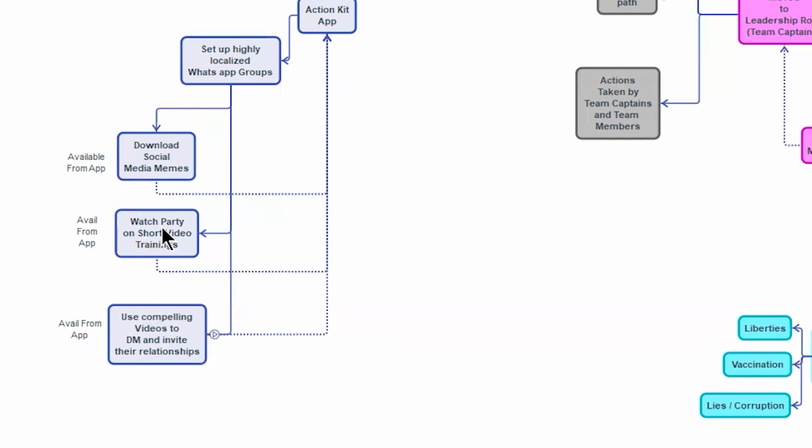Now we have a group of people that have received some basic training. They have some basic equipment or tools that they can use. And now we, using the training, have those people spread the word to their influencers, to their circles of influence.